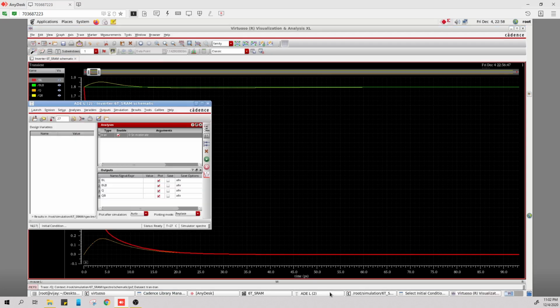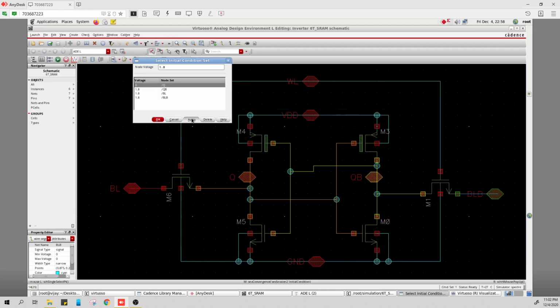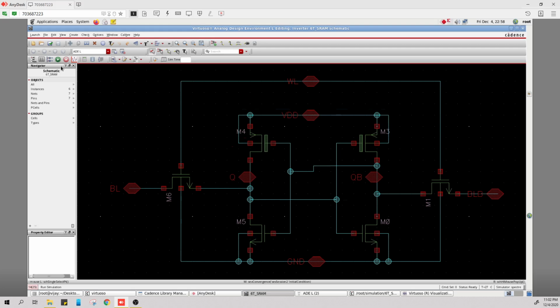Now if we put the opposite value in simulation convergence and initial condition, if we put Q to 1.8, apply, and QB to 0, then now BLB discharges. So here you can see that previously BL was discharging, now BLB is discharged, while the Q value is 1.8 and QB is 0.